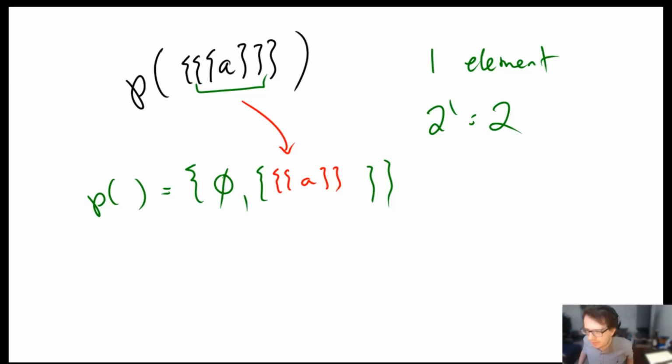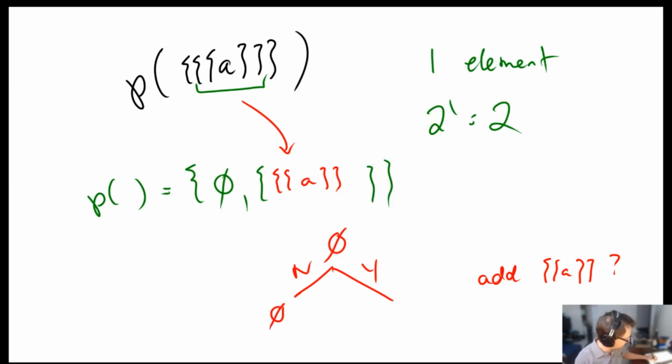So that is what the power set for that could look like. And if we do a tree, it would look very similar. We could ask ourselves, do we want to add the set containing A? If we say no, we're left with this. If we say yes, we get that thing right there.